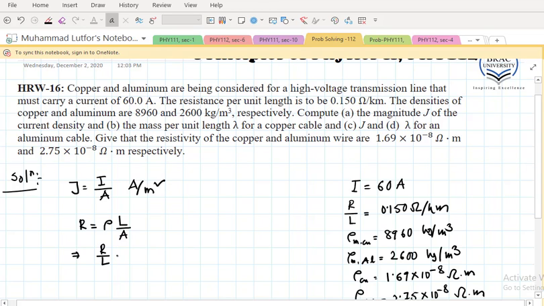Resistance per unit length must be equal to rho by A, which would be 0.150 ohm per kilometer, right?